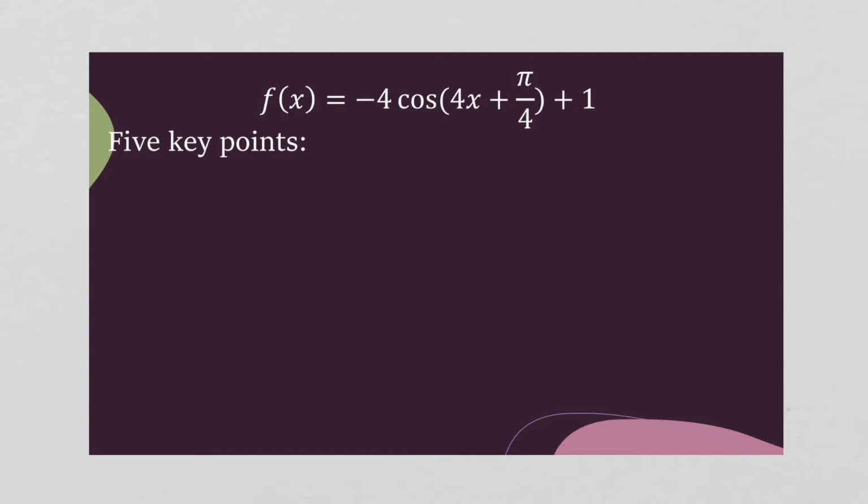The next step is to look at our 5 key points. Okay, so if we take our period, which was pi over 2, and divide that by 4, this tells us how much each point that we're going to graph, whether top, midline, or bottom, is going to be apart on the x-axis.